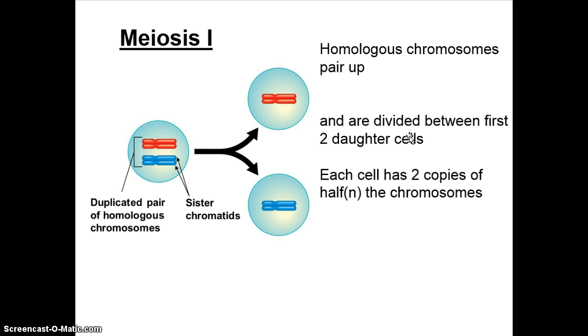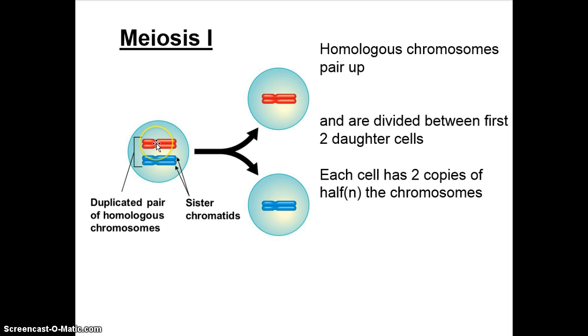Then, during meiosis 1, or the first division, the homologous chromosomes all pair up. So if this were a human cell, you would see 23 pairs of homologous chromosomes all lined up at the metaphase plate, and then the homologs are divided between the two daughter cells.